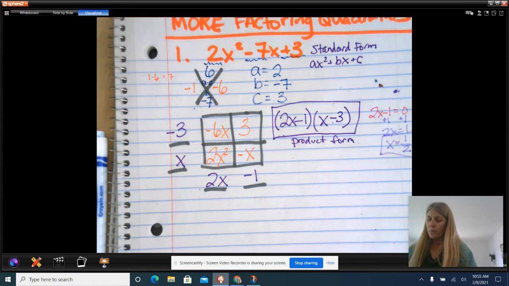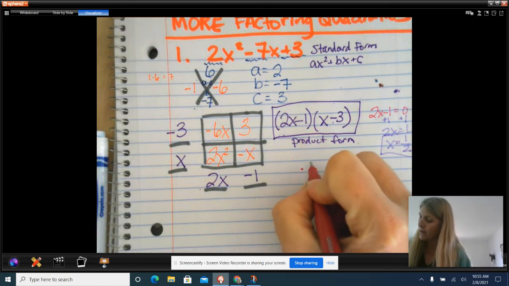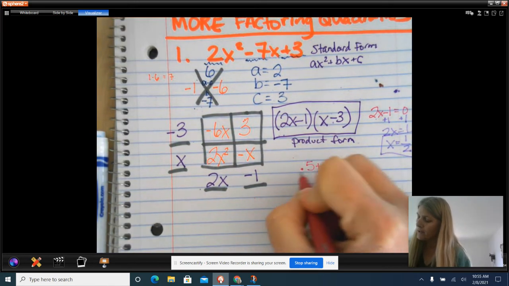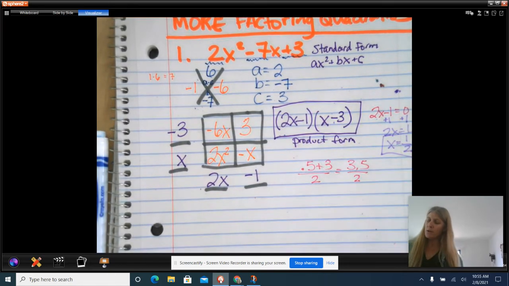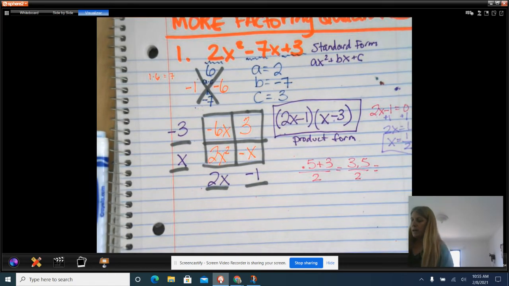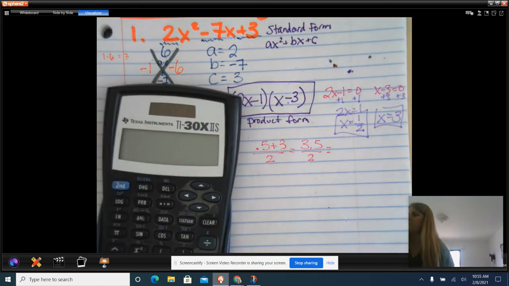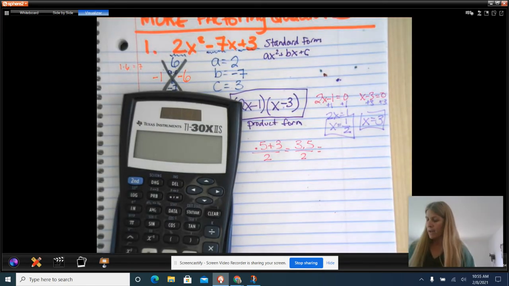Now that we have those two pieces of information, we can go ahead and find the vertex. For our vertex, we're going to add them together and divide by 2. I prefer to use them as decimals, and the reason why is they're easier on my calculator.